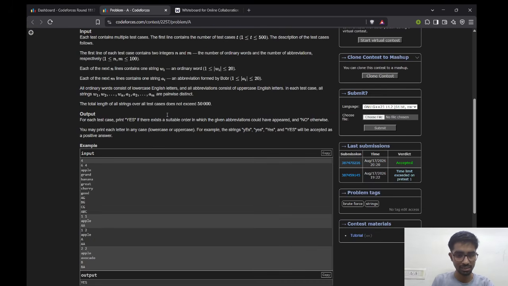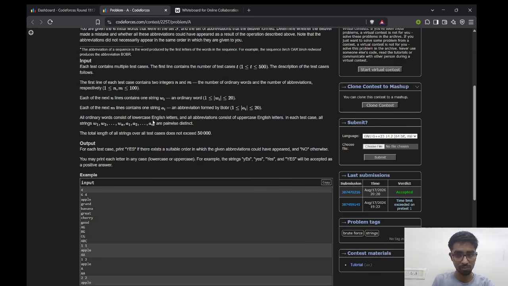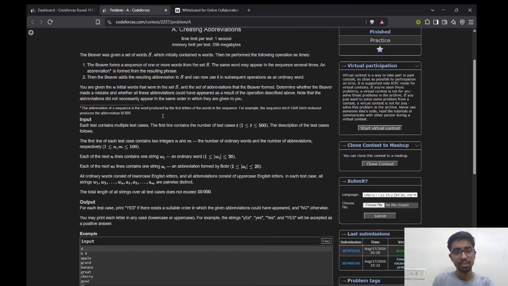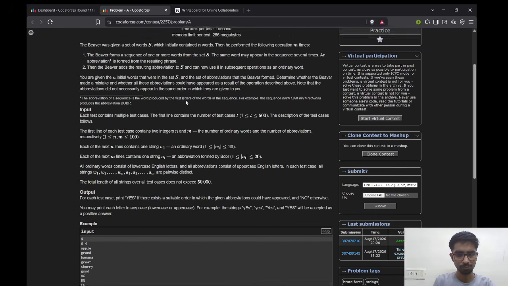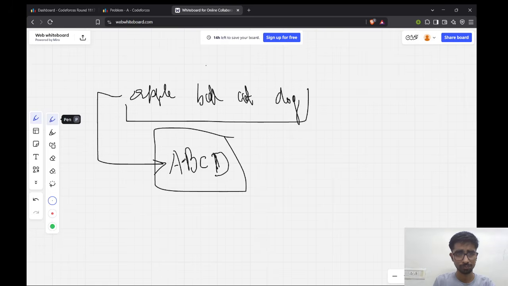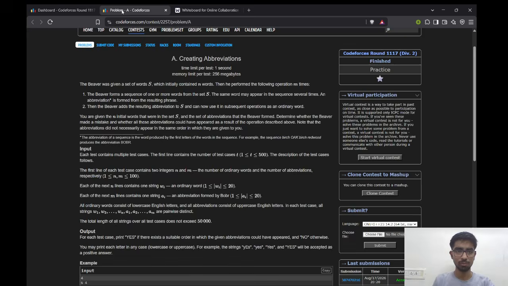Because it is stated that the abbreviation will be made in capital letters, right? Understood how the abbreviation will be made.